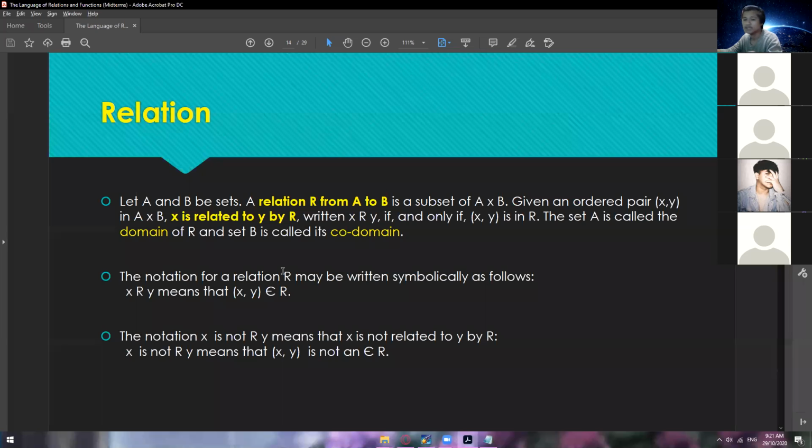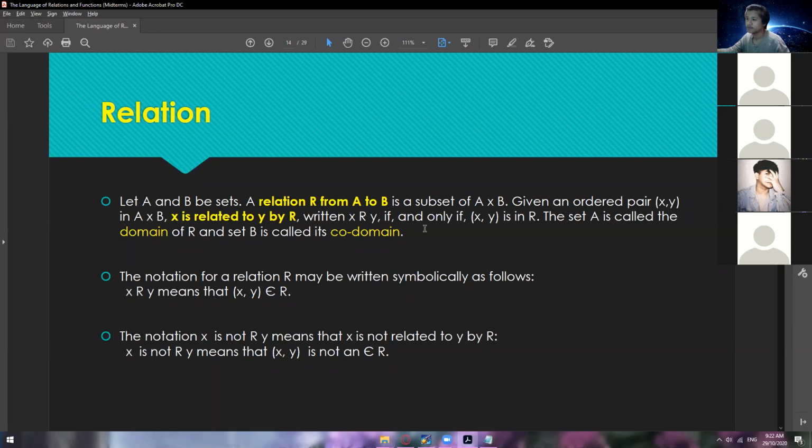Okay? So, when we say relation, there is a certain condition. So, let's start. Let A and B be sets. A relation R from A to B is a subset of A times B. Given an ordered pair (x, y) in A times B, x is related to y by R, written x R y, if and only if (x, y) is in R. The set A is called the domain, and the set B is the codomain.